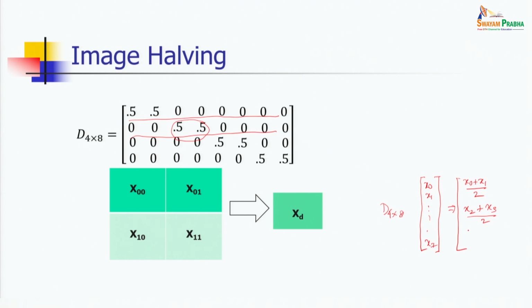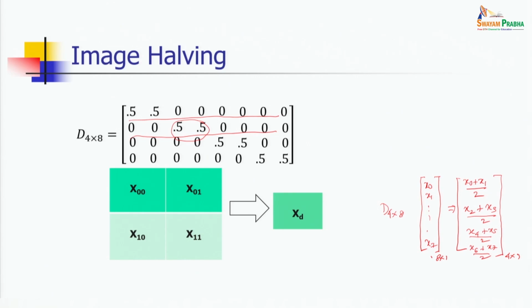For the third element it is (x4 + x5)/2, and the fourth element is (x6 + x7)/2, which means you are downsampling a column vector of length 8 to a column vector of length 4 cross 1. So this is what you are doing.